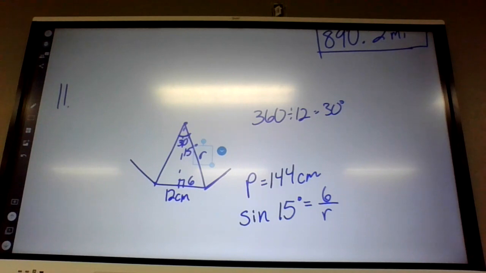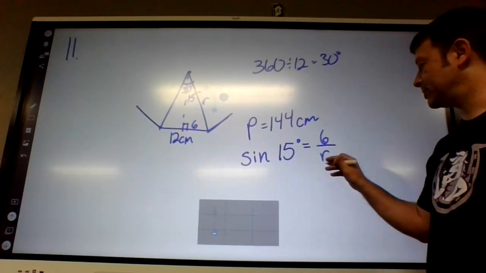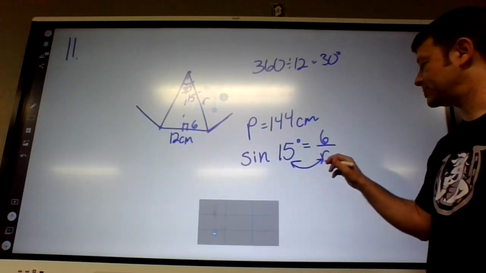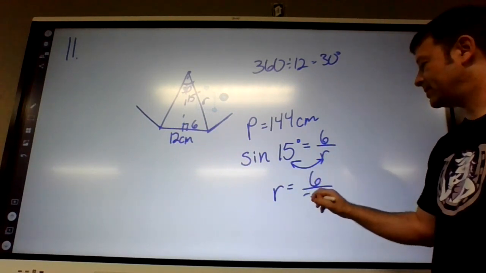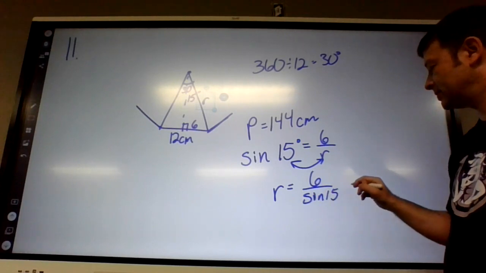We could use the 1/2 apothem perimeter thing. It would still require trigonometry either way, but anyway, when the r is on the bottom, these two things switch places when the variable's in the bottom. So it's r equals 6 divided by sine of 15.